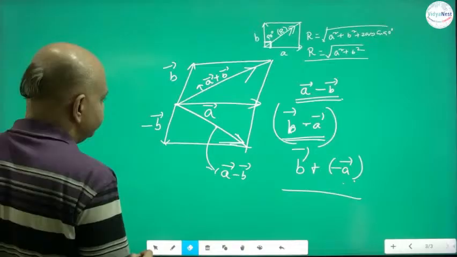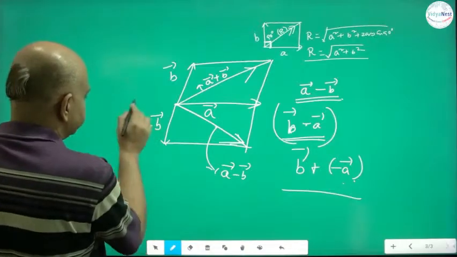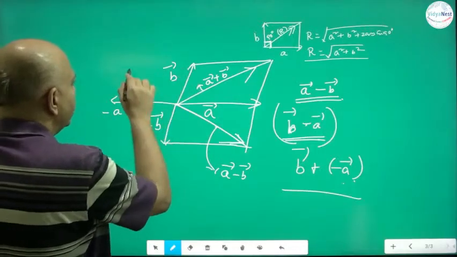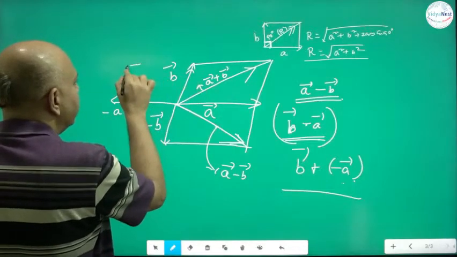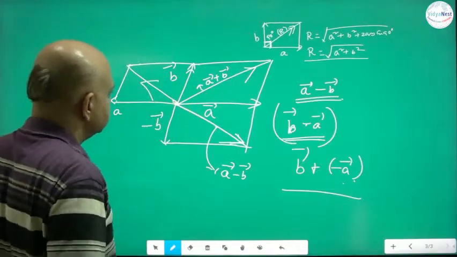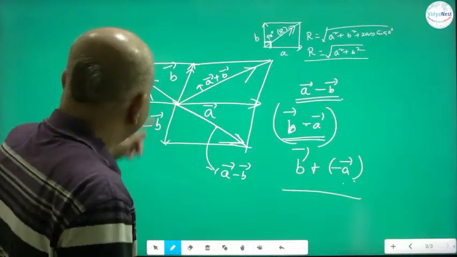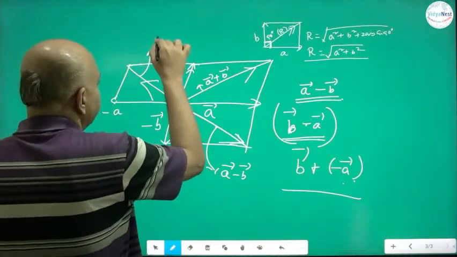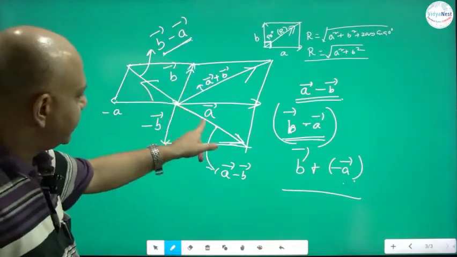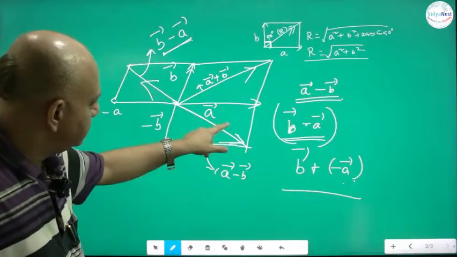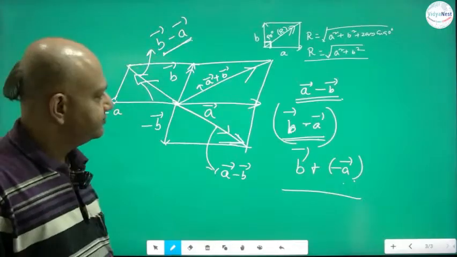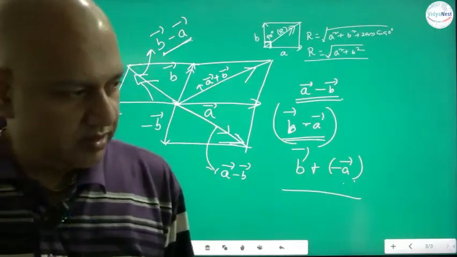So this is minus A. Therefore, plus B and minus A, this direction is going to become vector B minus vector A. This one is vector A minus vector B, and this is vector B minus vector A. Understanding na?